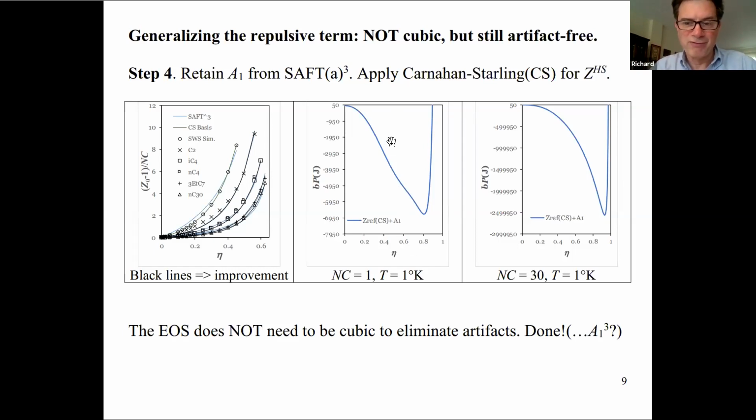So if it's artifact free at 1 Kelvin, it's artifact free to me. And so you can see that this slightly adjusted ESD equation is artifact free. So it doesn't need to be cubic when we apply the Carnahan-Starling equation for the hard sphere contribution. We can do that.